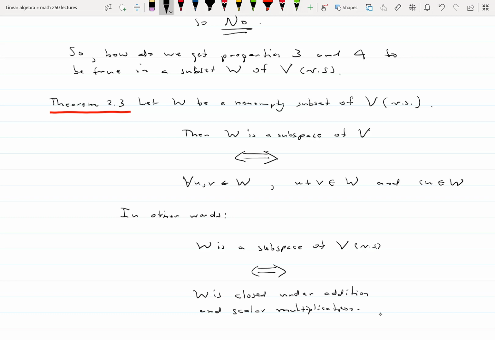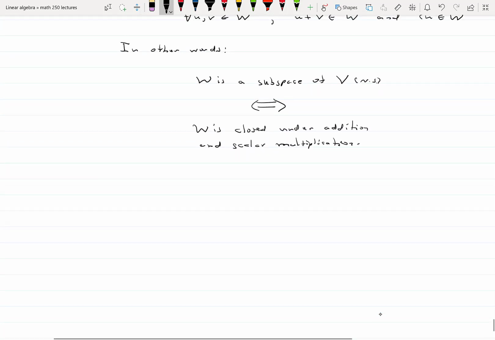We don't have to check all 8 properties. We only have to check closure, and 3 and 4 automatically hold true. This is what the theorem is saying, if we can show that the subset that we're considering is closed under addition and scalar multiplication.